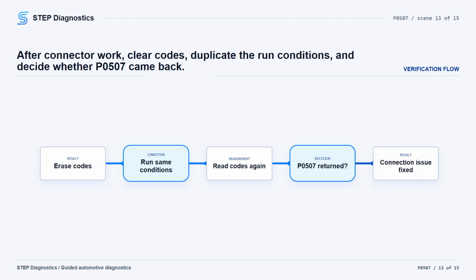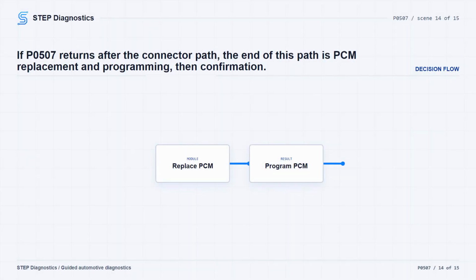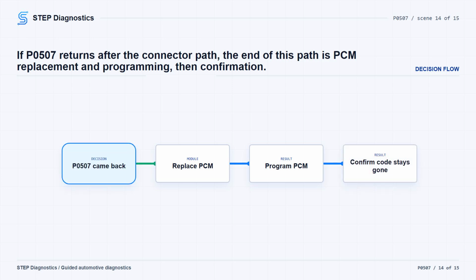If P0507 returns, the path calls for replacing and programming the PCM, followed by repair verification. If the code does not return, the wiring or poor connection problem has been repaired. Keep verification separate from the individual checks. After any repair, operate the vehicle under the proper conditions and confirm the code stays gone.